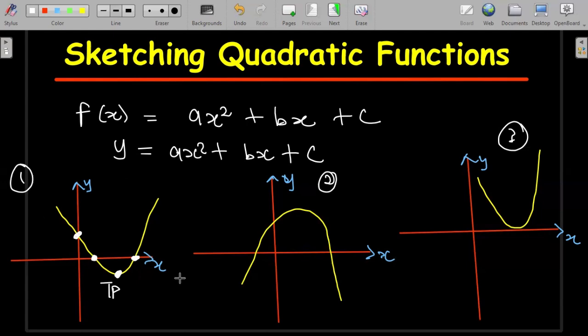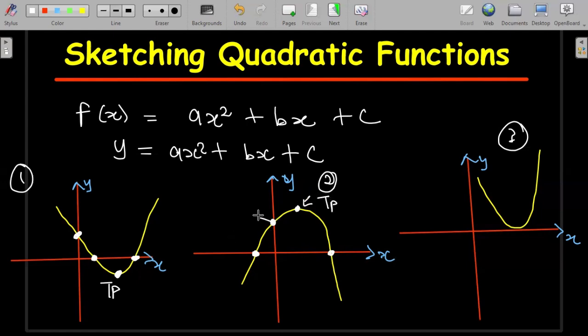Okay. And these same things are the things that we're going to find here. We have 2 points where this graph is meeting the x-axis, and then I have 1 point where it's meeting the y-axis. And then I have this point on top here where the graph is turning, because here it was going up, up, and then it starts going down. So this part here, we're going to call the turning point.